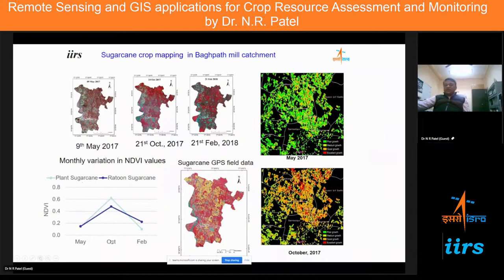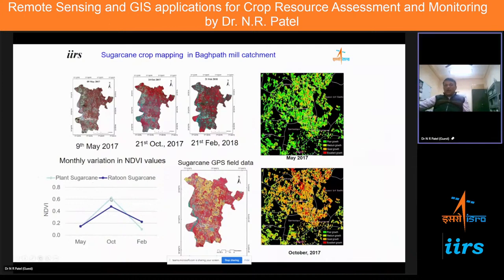Here you can see, particularly in the October image, it is very much possible to classify both planted and ratoon sugarcane crop, because ratoon sugarcane you will find almost at the harvesting stage. Harvested, but planted sugarcane will go up to even February.